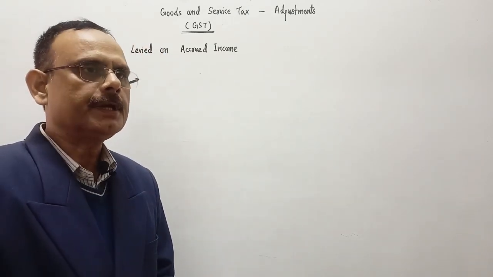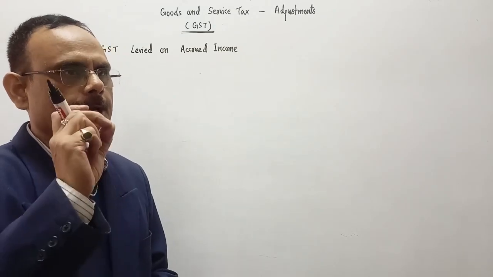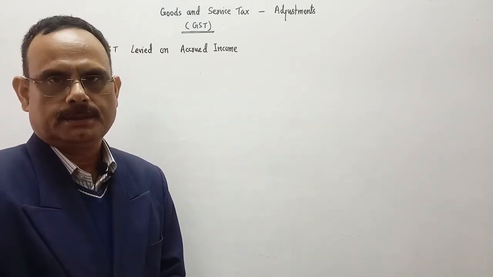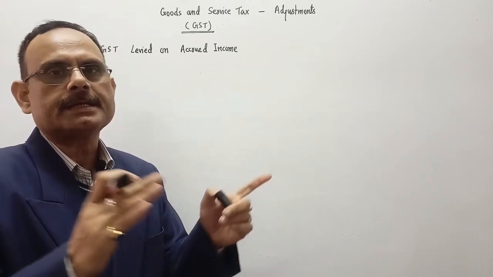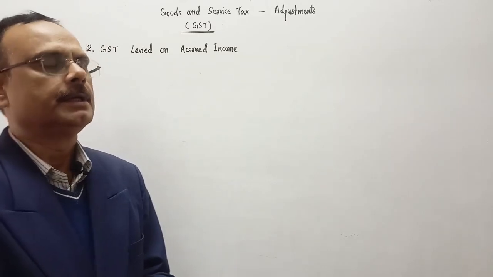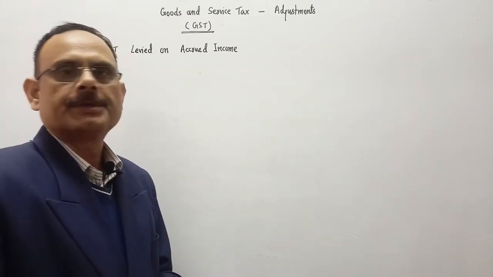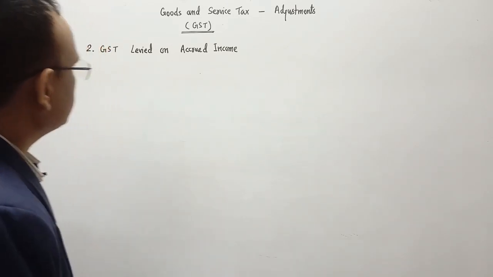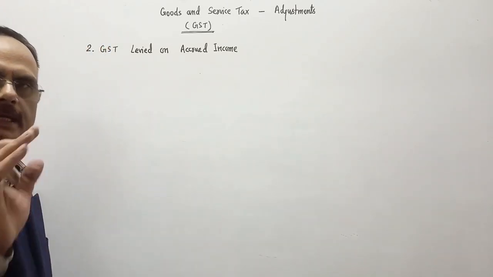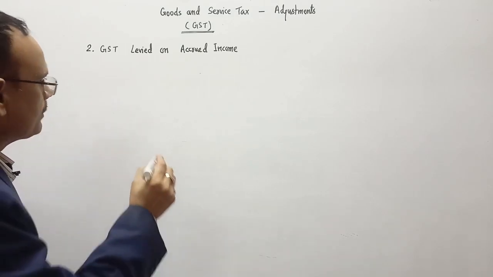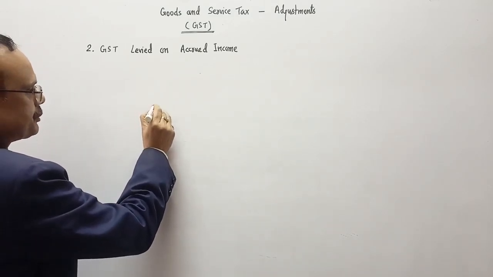Now coming to the next adjustment, GST related to accrued income, meaning income earned but not yet received. If the information of the accrued income is given in the adjustment, outside the trial balance, then how will we do the treatment? Suppose commission is the income, and accrued commission is given in the adjustment.